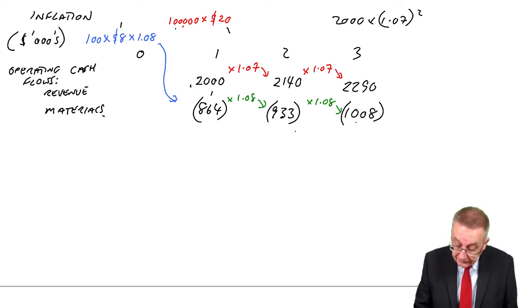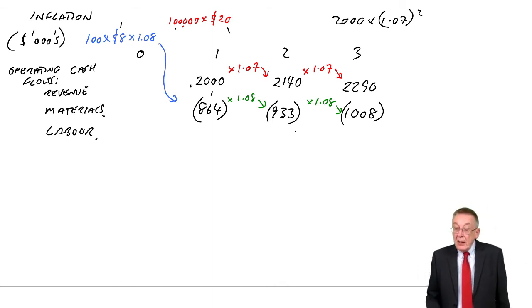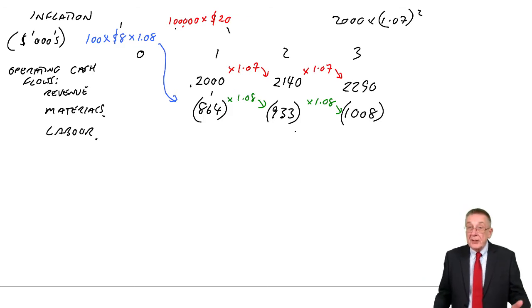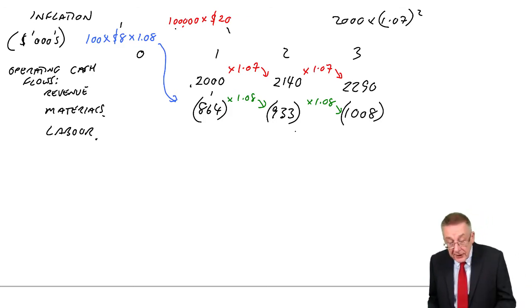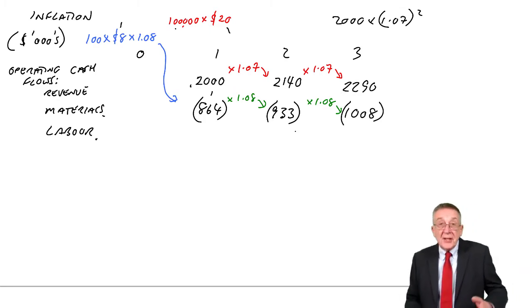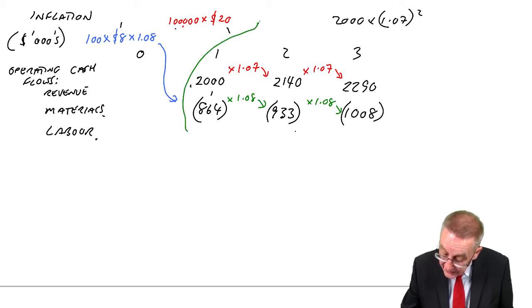What about labour? Well, again, labour, it's $7 a unit, but it's at current prices. The first payment is in 1 year's time. If it's at current prices, there'll be 1 year's inflation. I'm running out of space here.